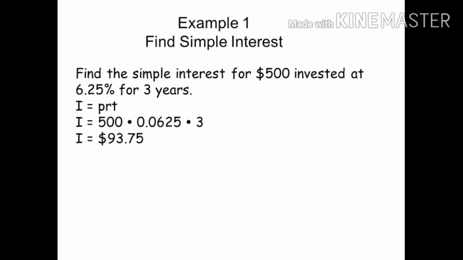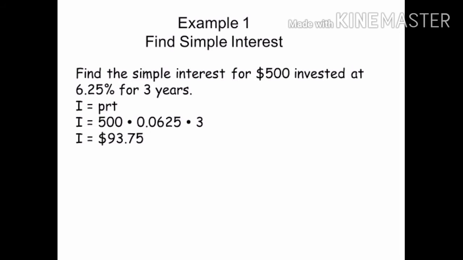Example number 1. Find the simple interest for $500 invested at 6.25% for 3 years. Our formula is I equals PRT, or P times R times T. P is 500, the principal amount, times 0.0625 because it is 6.25%, times 3 because the time is 3 years.